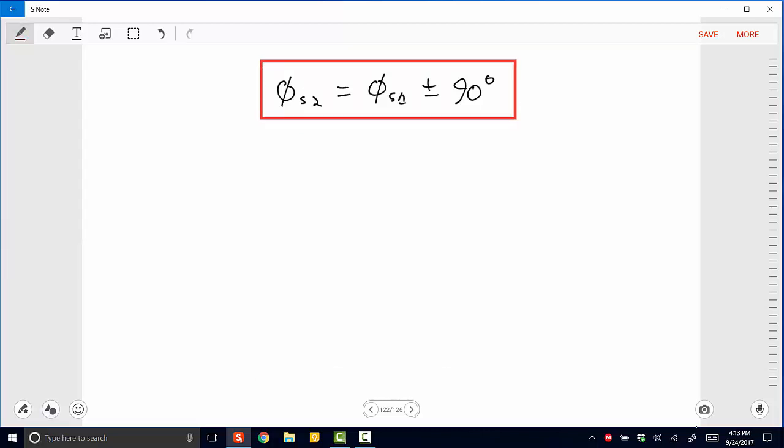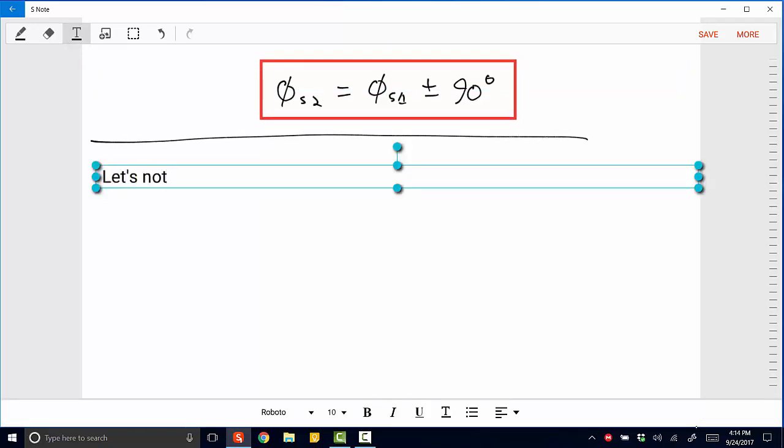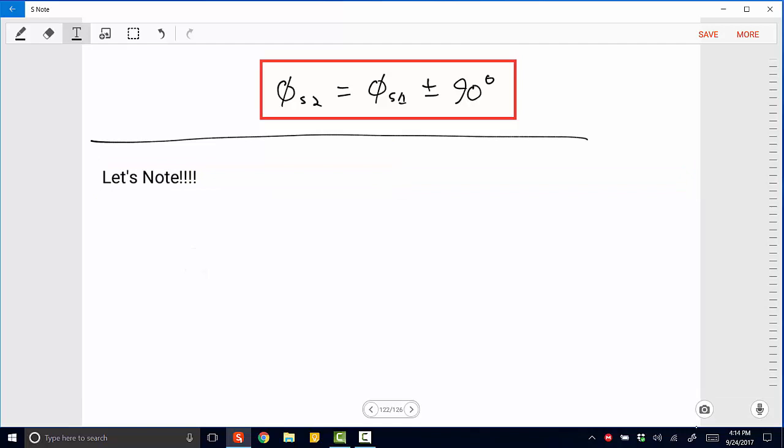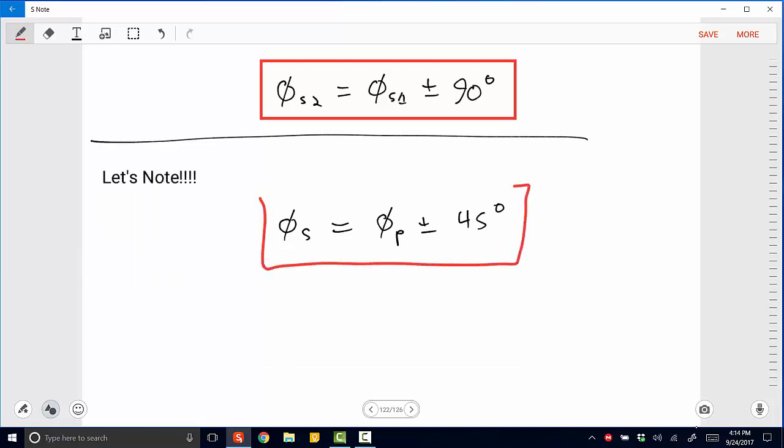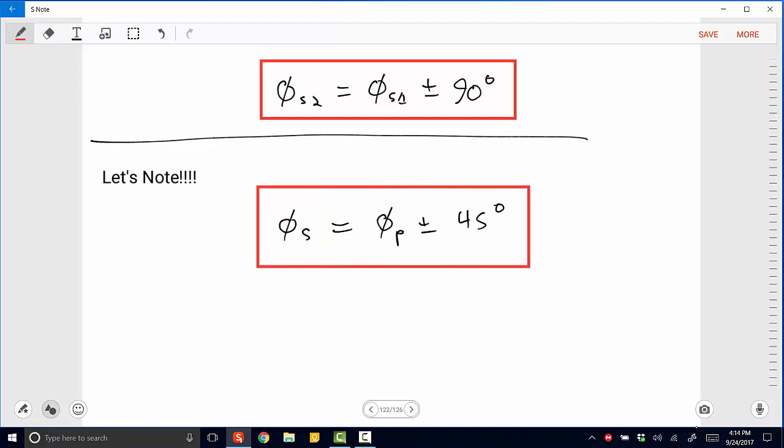But more importantly, there exists a relationship between our principal directions and our extreme value shear stress directions. So let's note, very importantly, that phi S is equal to phi P plus or minus 45 degrees. So there is a relationship between the principal stresses and their directions and the extreme value shear stresses and their directions, right?